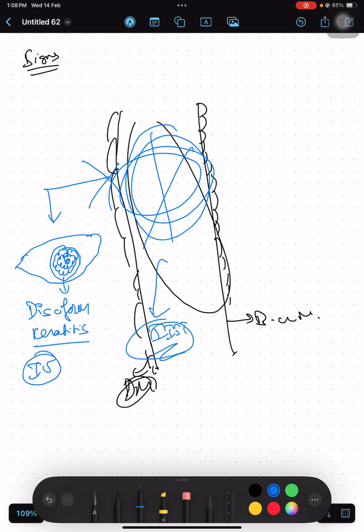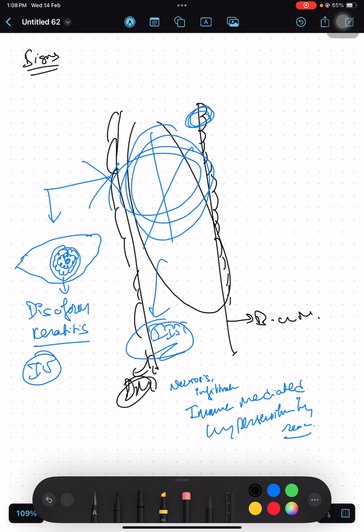What do we see actually? We see necrosis, we see infiltration, we see immune-mediated hypersensitivity reaction. And in the epithelium, let me just zoom in on this part.